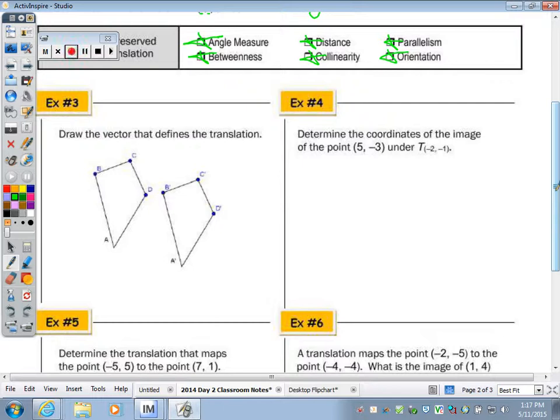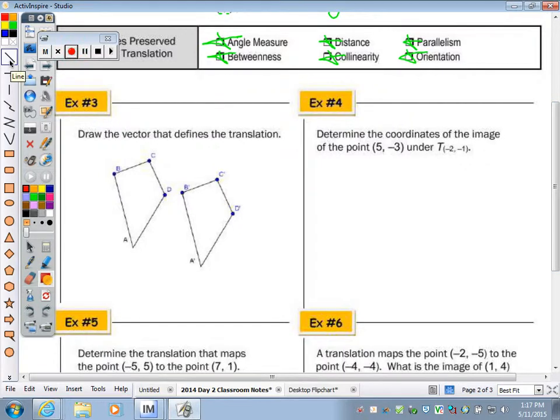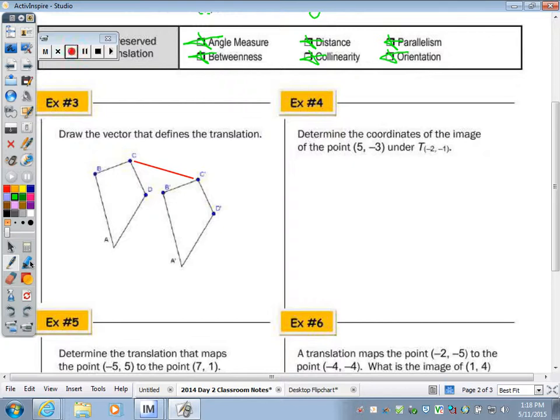C. If I take a look at C, you're going to want to utilize your ruler, but I want to draw a straight line, not connecting, because I'm going to turn that line segment into a vector, so I need to put what at the end? The arrow. So that's the vector noting that shift. And we're going to do this again in the graphing question.